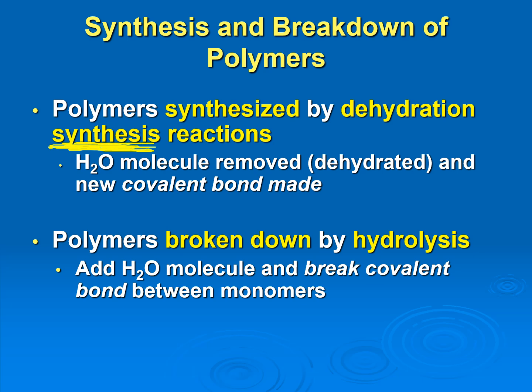You're going to be removing, dehydrating, a water molecule to make that covalent bond and join the monomers together to make the polymer. And then to break down the polymer, you're going to be adding a water molecule, that's what the hydro is referring to, and lysis means to break apart or split. So that would break apart the polymer into the individual monomers.